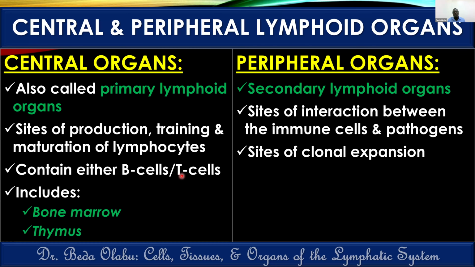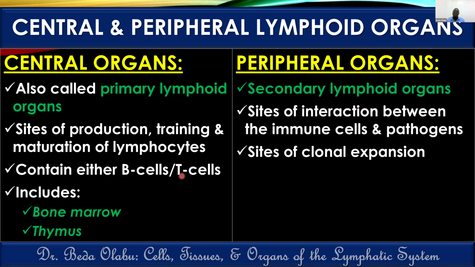Let's say it's been trained to recognize cells which are infected with TB. The next time you get TB, this cell will be sensitized. It will be sensitized to proliferate after its own kind.